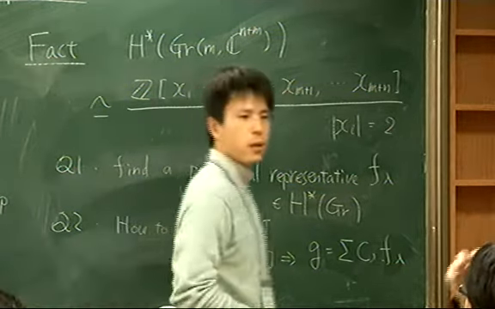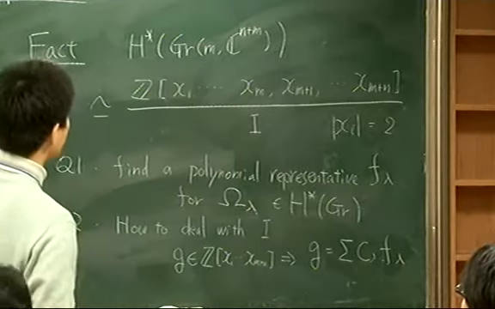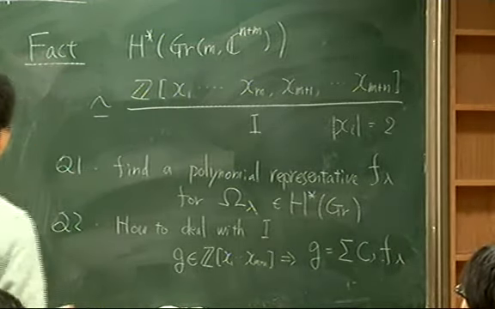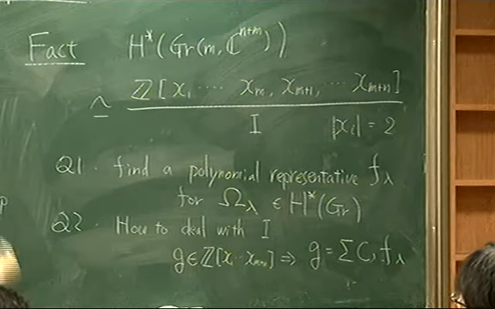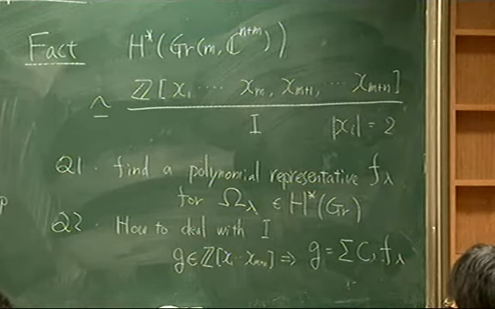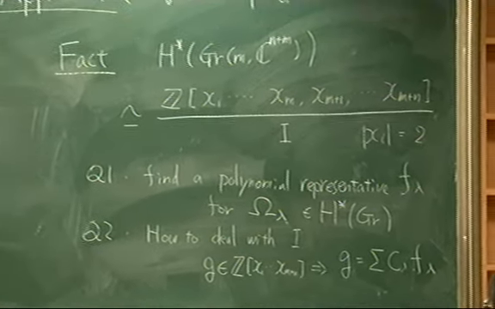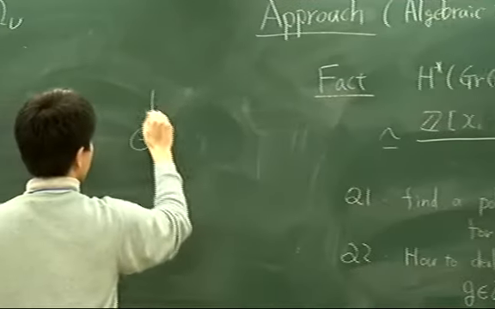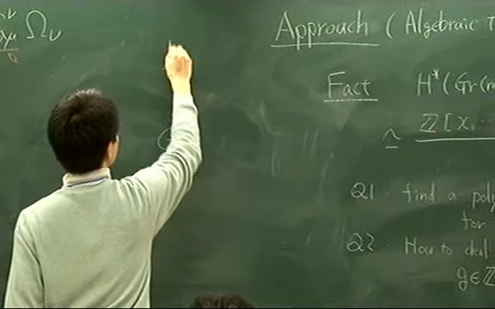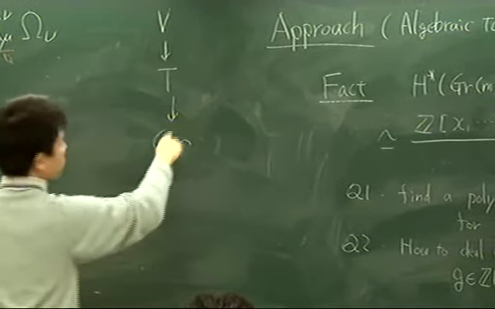Can you explain once more the argument here? Okay. We have a tautological bundle over the Grassmannian.